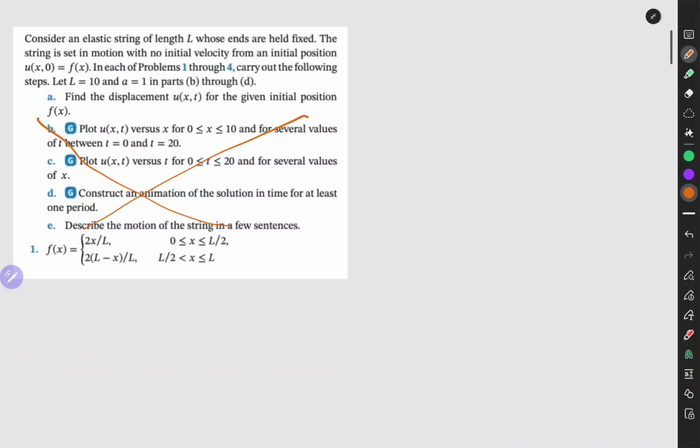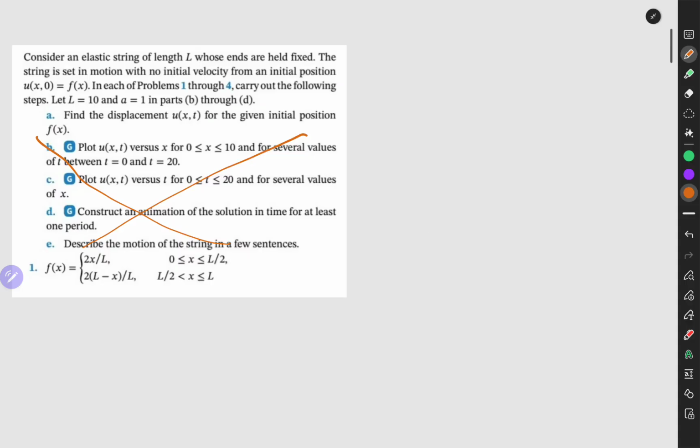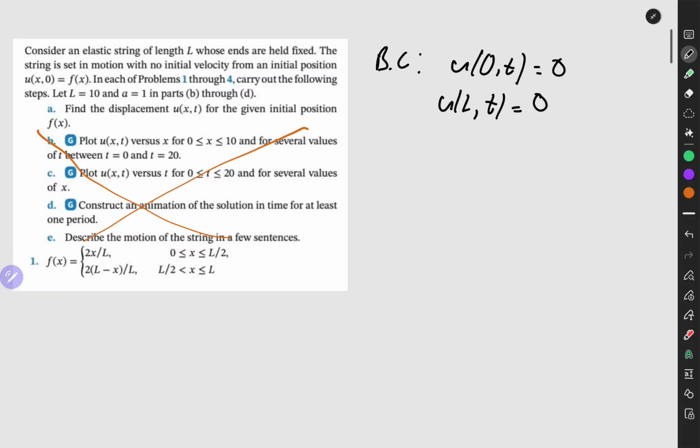So now let's take a look at our boundary conditions. If we have fixed ends, right? So we have u of 0, t at the first end is 0, and we also have u of L, t is 0. Oh yeah, and by the way, in this case, u does not stand for temperature, obviously. It stands for displacement.